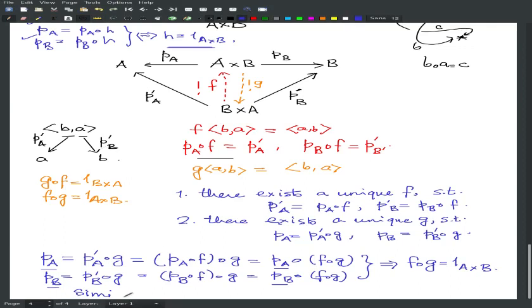So similarly, okay. So you see, there is a difference between the way I argued in this blue color and the way I argued in the others.